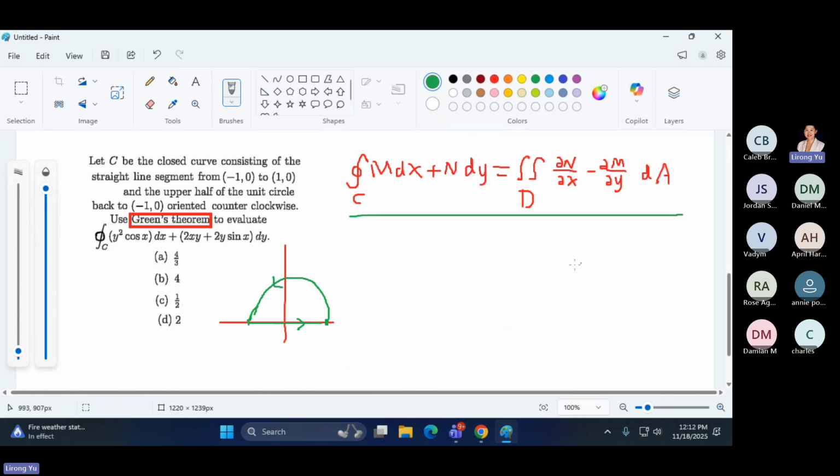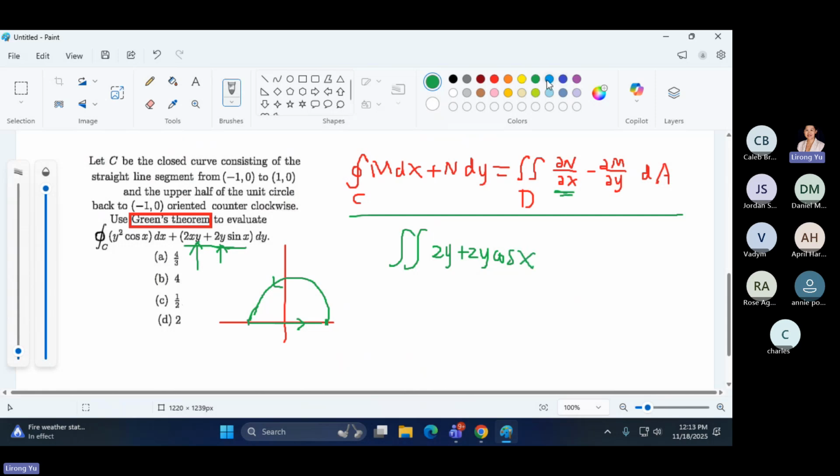That's our calculation, so it's going to be a double integral. For dN/dx, I'm going to differentiate with respect to x, and that gives 2y plus 2y sine x.